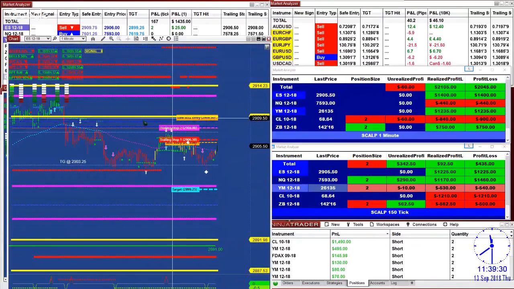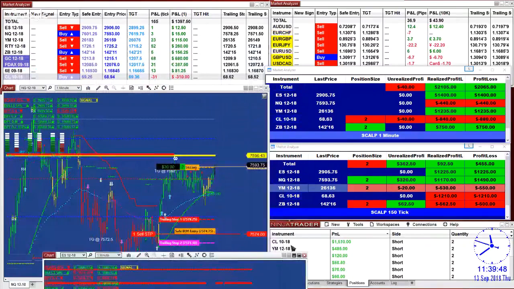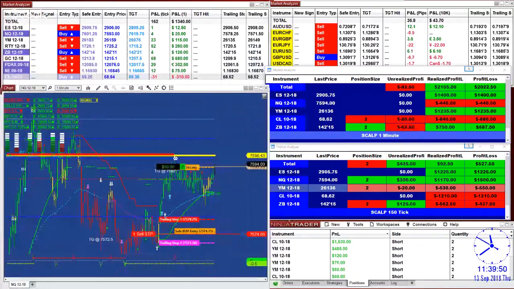The ES came into the resistance line, the trailing stop one. What we need to see on the ES in order for the NASDAQ to do the job is this ES breaking those lines, in order to see the NASDAQ start breaking out. The NASDAQ is coming. I'm going to stay a little bit longer.